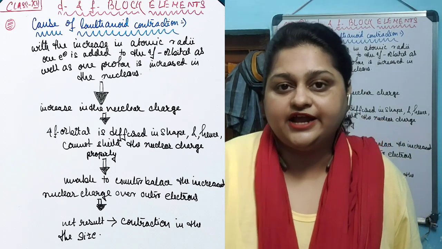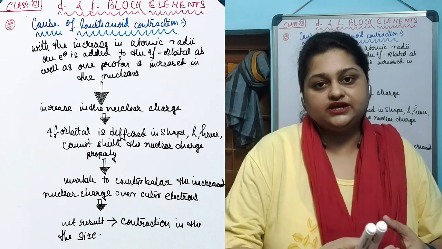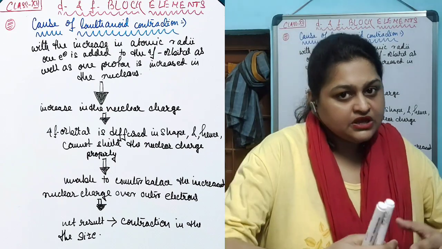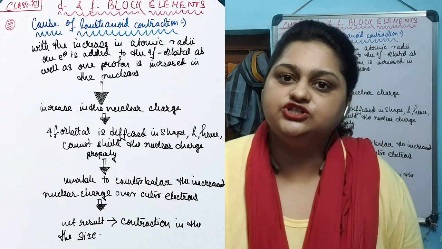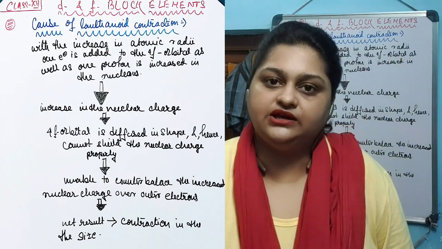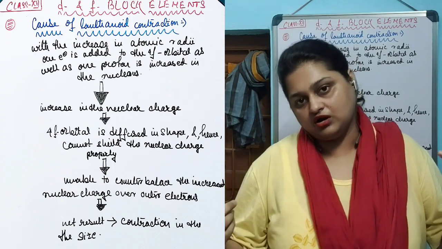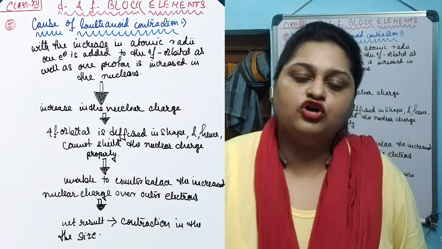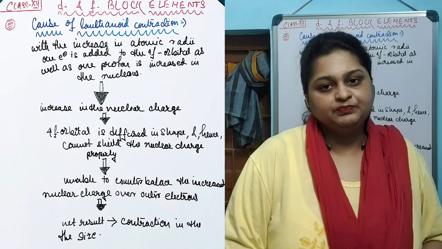The net result that can be observed is that with the increase in atomic number, an increased amount of nuclear charge can be observed, which contracts the atomic or ionic radii along the lanthanoid series.